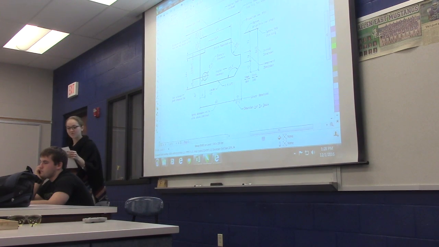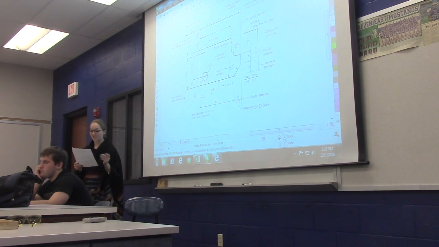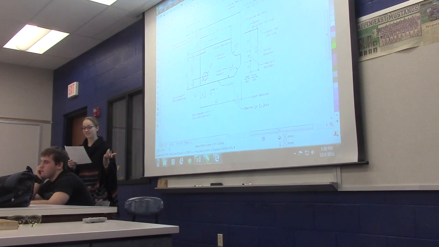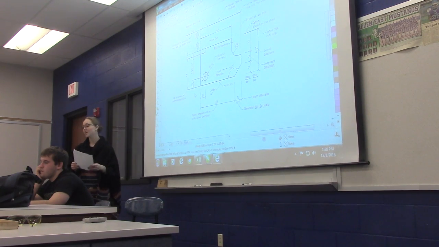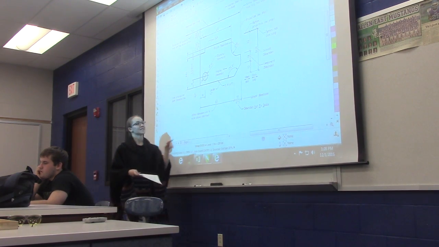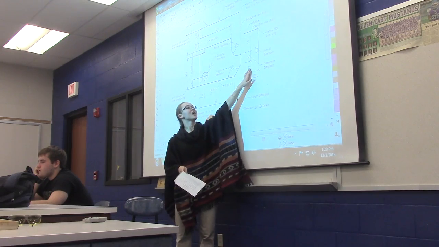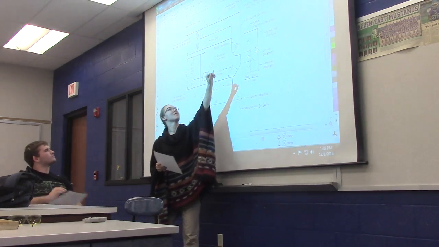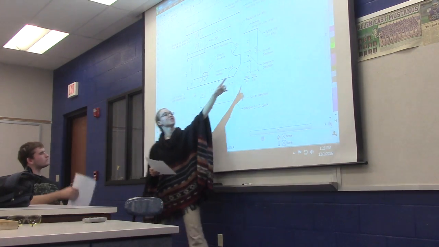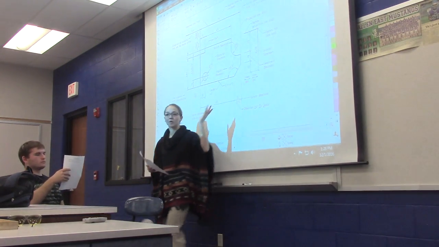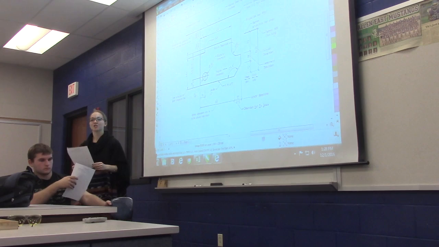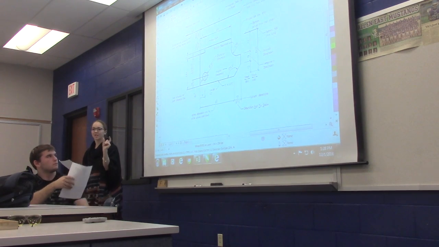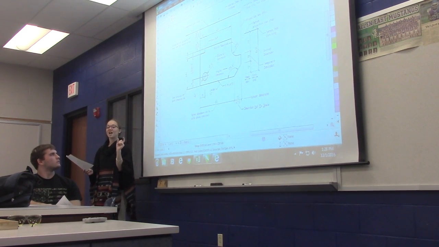Okay, so number 2 is that no unnecessary dimensions should be used, only those that are needed to produce or inspect the part. So on here, for example, this could be considered an unneeded dimension depending on who you ask, because you could do the 11 and the 22 and then take the overall dimension, do the math, and figure out what it's supposed to be. Sometimes on the drawings that you get in the little pictures, you'll wonder, what is this dimension? I don't see it.